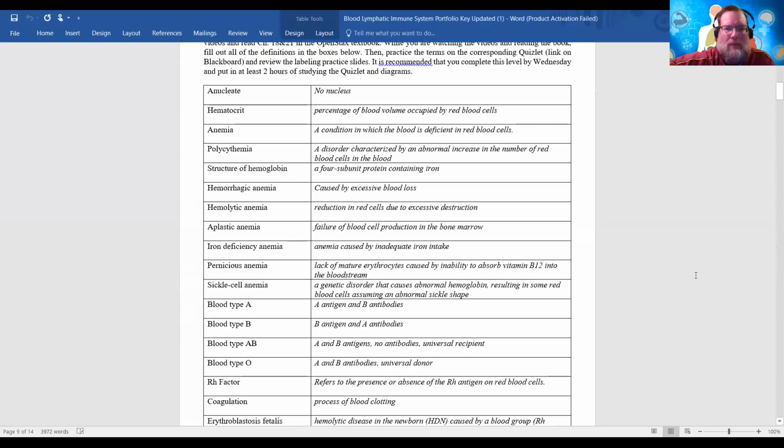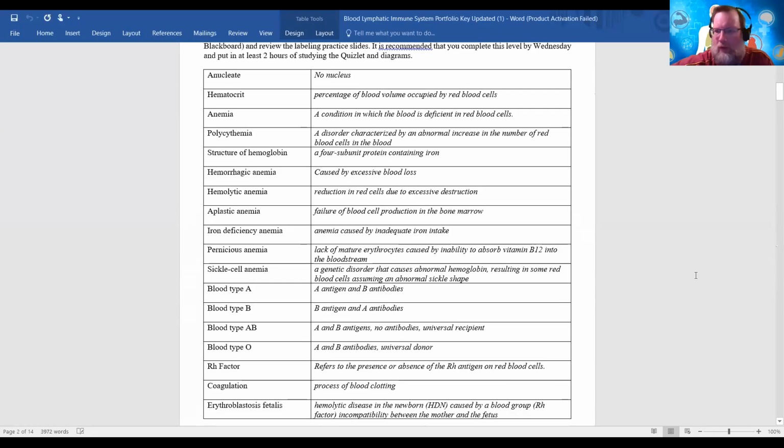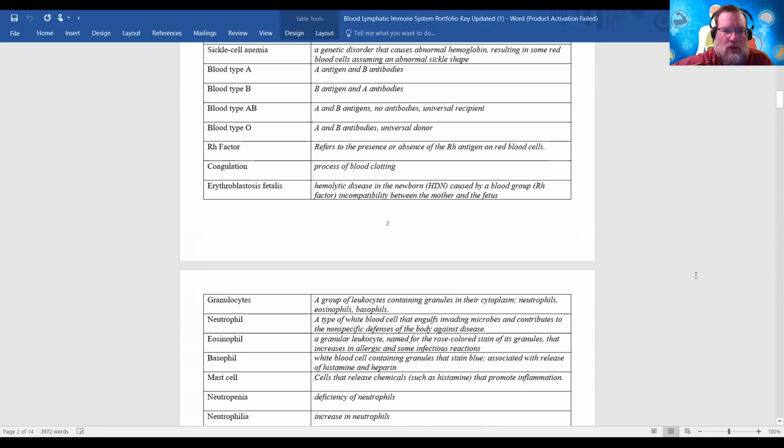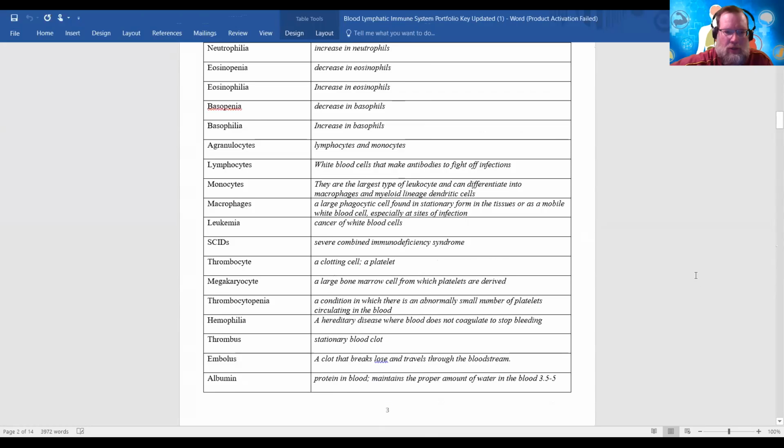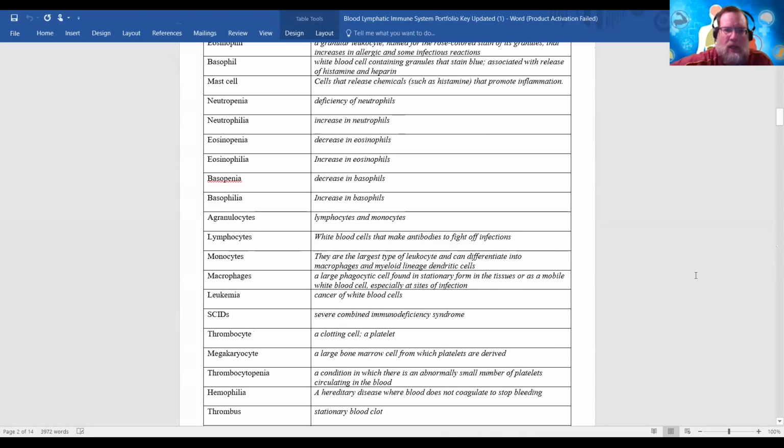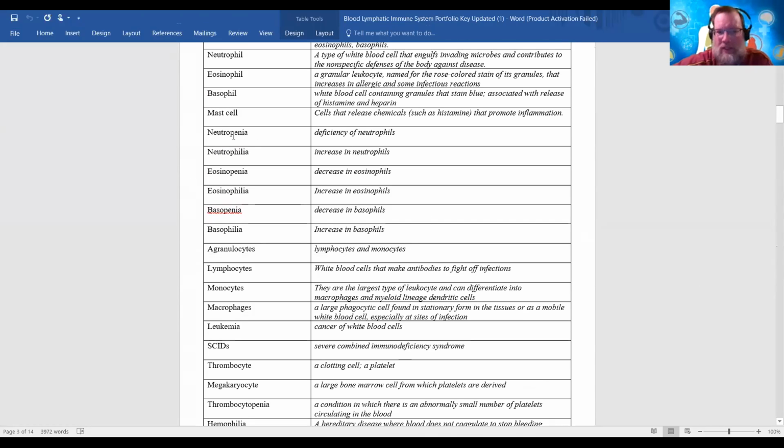Again, I think on the terms and definitions, you guys are all doing awesome, and some of these I eliminated. I did want to mention, I don't think I left these in your assignments, the suffixes penia and philia as far as some sort of disorder goes. Blood disorders, we oftentimes see them.